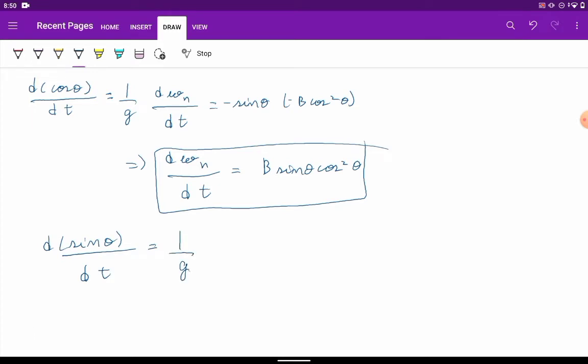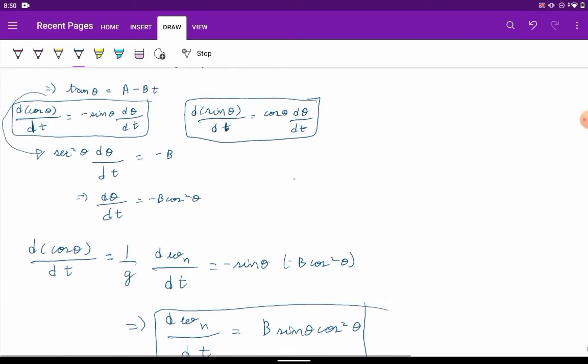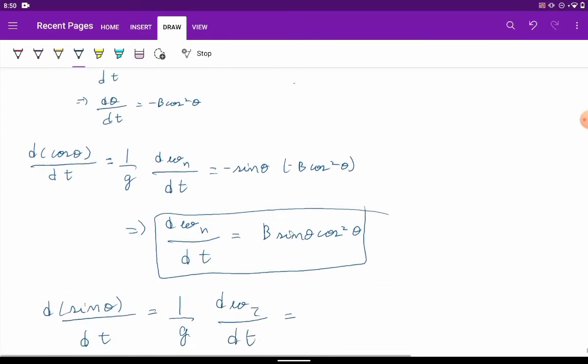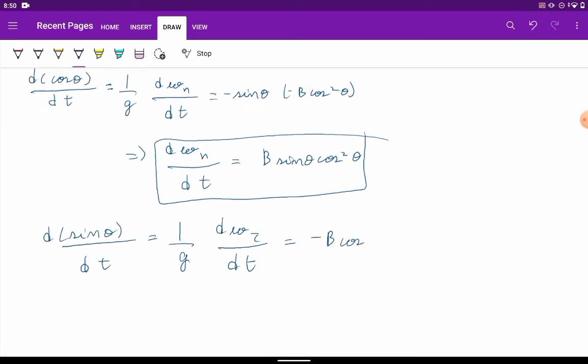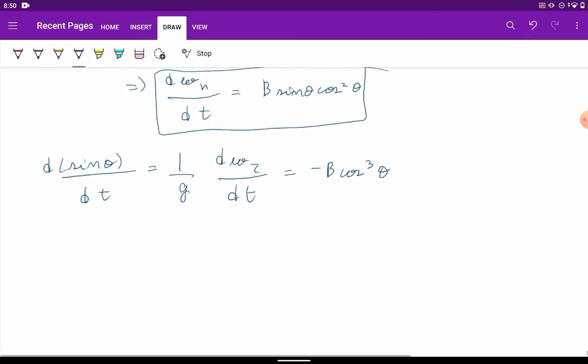This is only for 0 to tau by 2 that we're talking about, which is why I'm not taking the modulus. From here, d sin theta by dt is cos theta times d theta by dt, which is cos theta into minus B cos square theta, minus B cos cube theta. So dw tau by dt is equal to minus Bg cos cube theta.